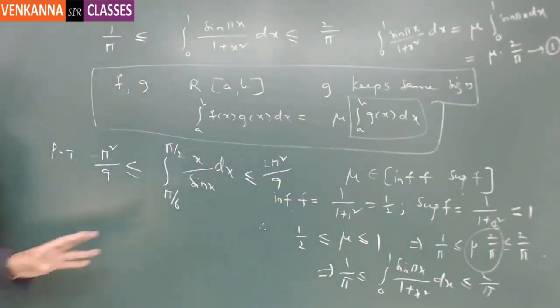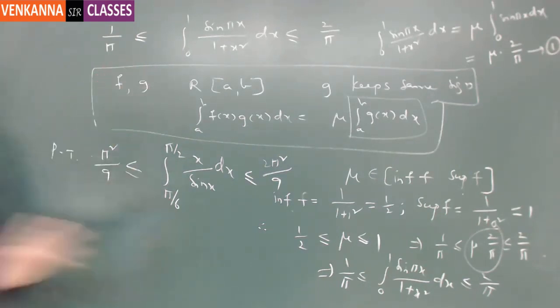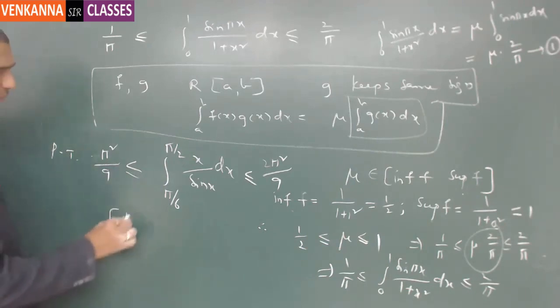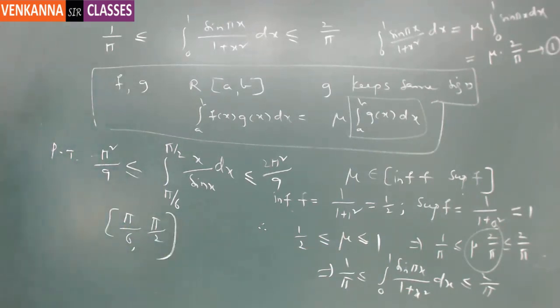Just what we did now using the first mean value theorem, you follow the same procedure. From the problem, it is evident that the interval is the closed interval pi by 6 to pi by 2. And visually, you have 2 functions appearing there: 1 by sin x and x. Now the question is, which one will be taken as f and which as g?